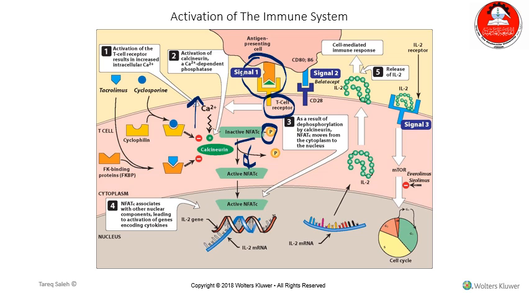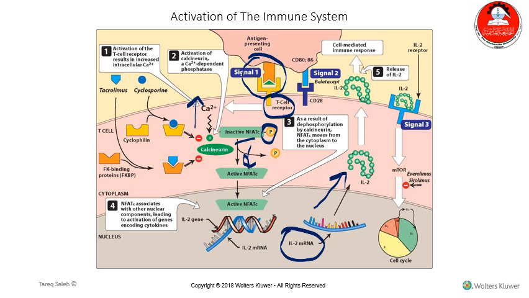Mainly, it activates the transcription of many genes that would lead to the production of messenger RNAs of several cytokines, including IL-2 or interleukin 2. This will facilitate the synthesis of many inflammatory and immune mediators.